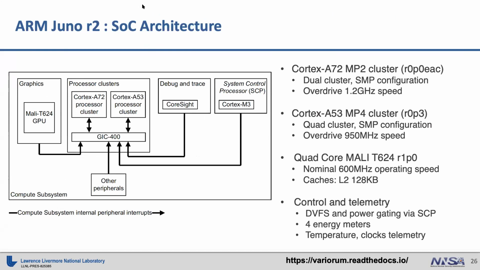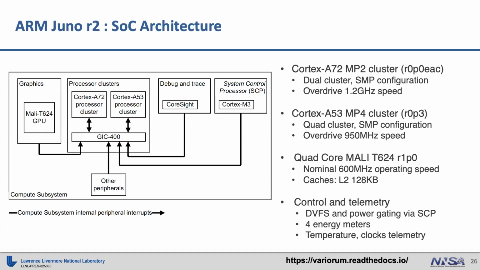So in the next 3 slides, I will go over the measurement and control interfaces on the ARM and NVIDIA platforms. The ARM implementation that we support with Variorum is the ARM Juno R2 platform. The figure here shows the different components on this platform.